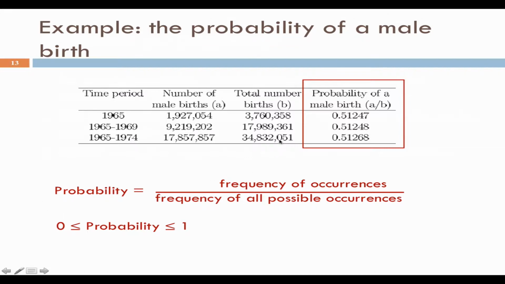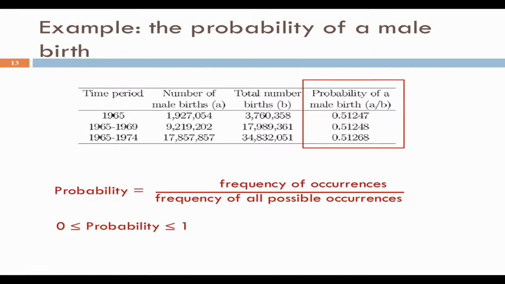If you only have 2 baby births and you want to estimate the probability of a boy, it's very likely that both of your 2 births turn out to be girls. By that estimate, you would say the probability of a boy is 0. That clearly is a wrong estimate.